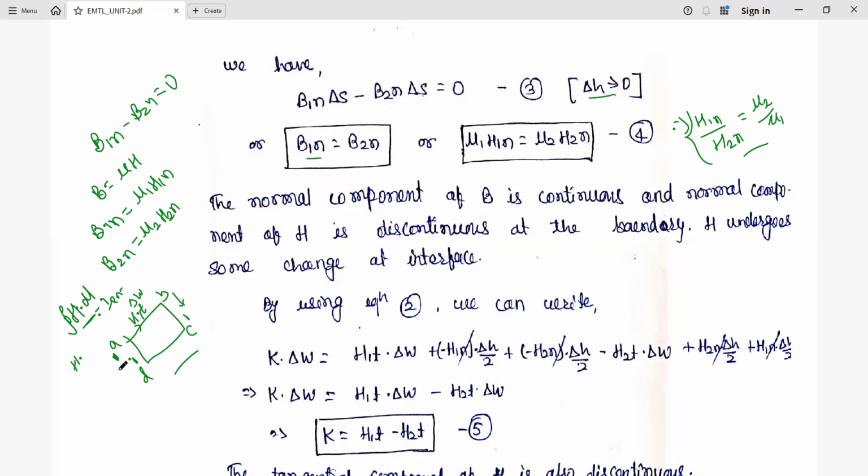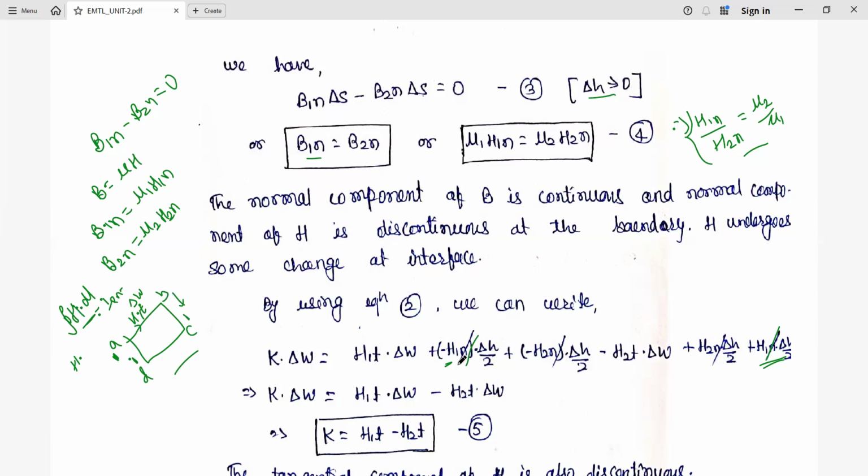So finally, from here, which terms are going to cancel? This is the minus H1n into del H by 2. Again here we have H1n del H by 2. So these two are cancelled. Okay.